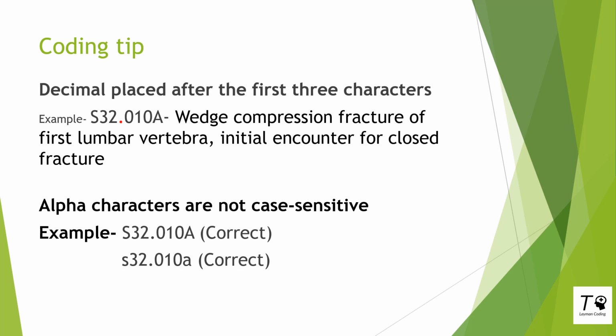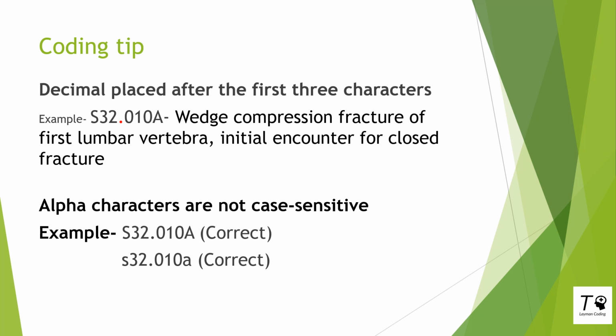If you see, the size of this code is 7 characters, due to which after 3 characters we place a point. But guys, if the size of a code is only 3 characters, please do not place a point after the 3 characters. That is one concept.